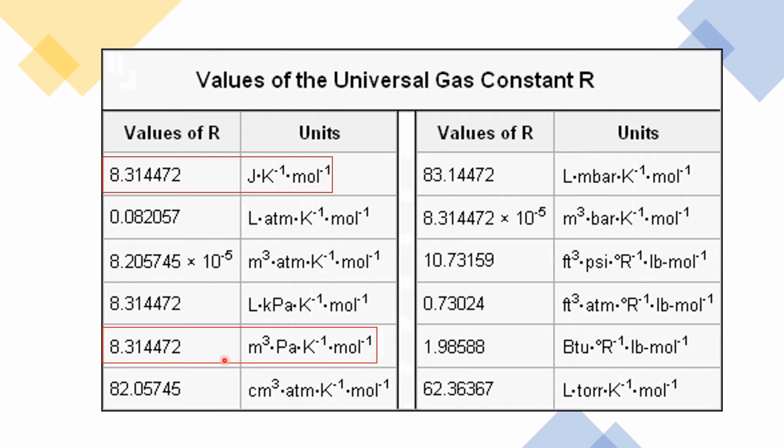So I wanted to show here that we can be measuring pressure in pascals and volume in meters cubed. If we use those two units of measurement, we can be using the same universal gas constant, R. The other version is just above. We can also be measuring volumes in liters and using pressures in kilopascals. It's my recommendation that you pick one of these.